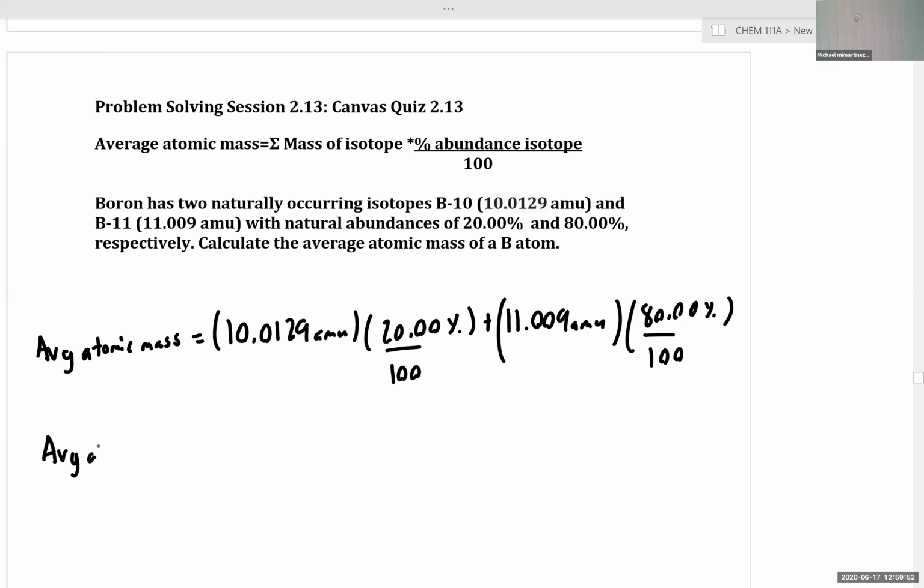Punching this into our calculator, one thing I just want us to note is, after the first step, let's check the sig figs in our number. After the first step, we get 0.2005.